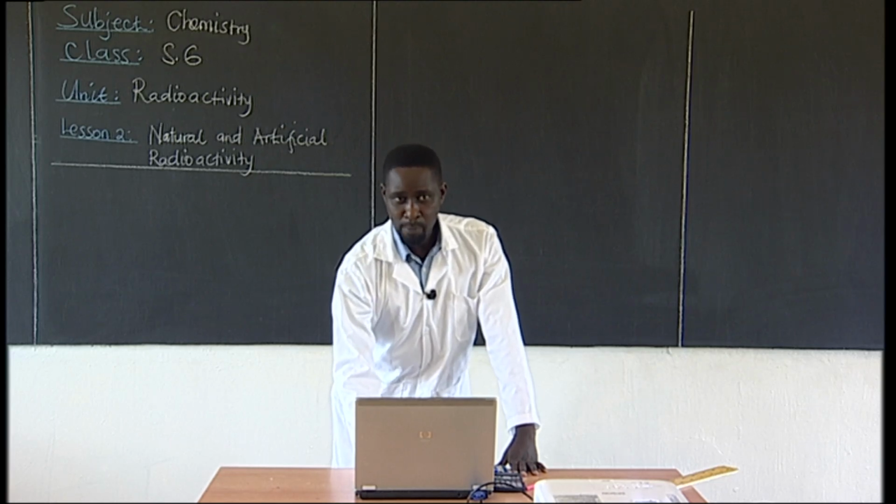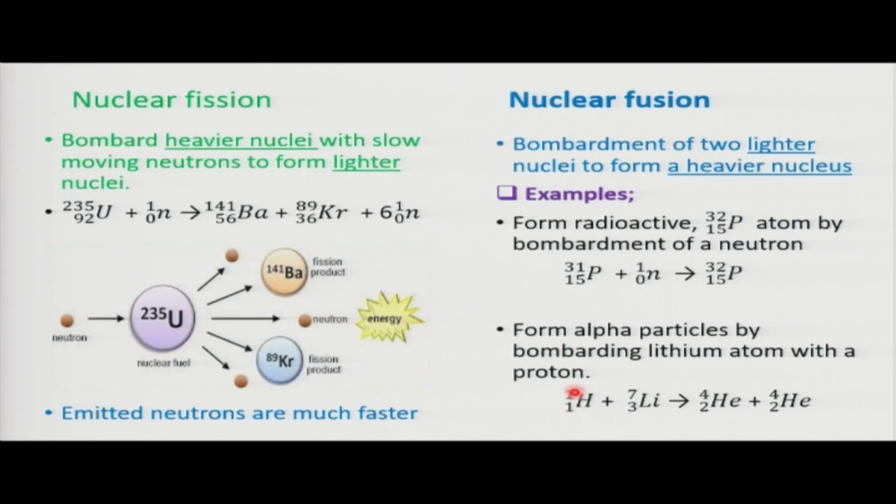Look at another example. Get your hydrogen, bombard it with lithium. You'll get two helium atoms, or what we call two alpha particles. So in this case, you're combining two lighter atoms to form a bigger atom.